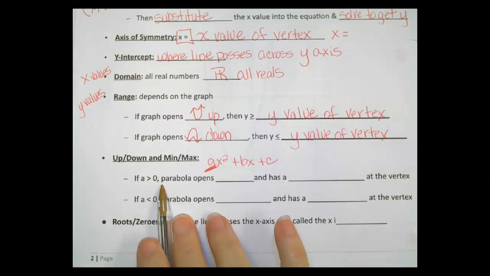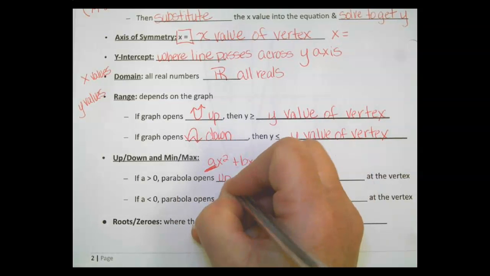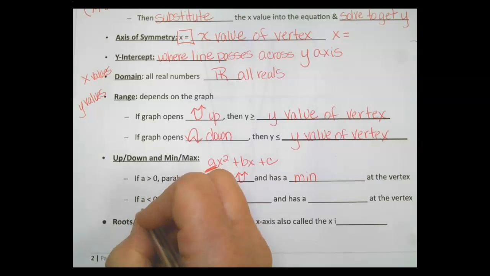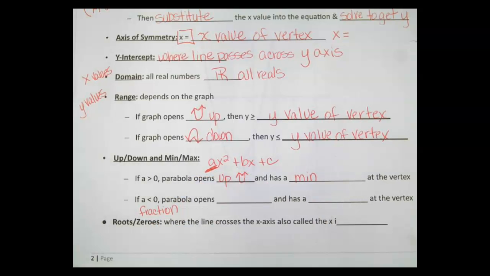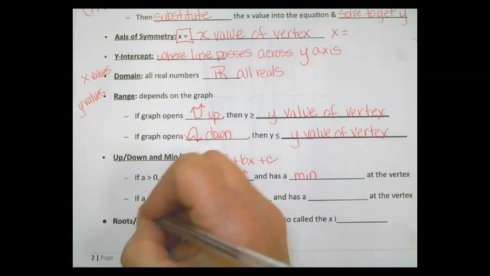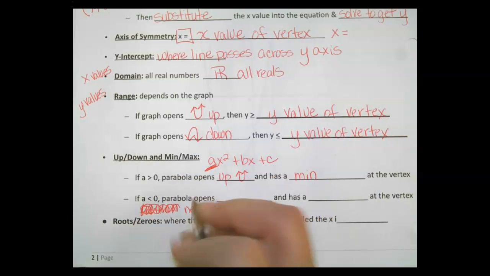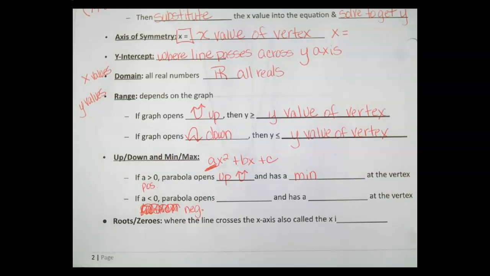If a is greater than 0, then your parabola opens up and has a minimum at the vertex. If a is less than 0, I shouldn't say it's a fraction, it's a negative. My bad. Scratch that. It's a negative. So if a is positive and a is negative, let's just do it that way.